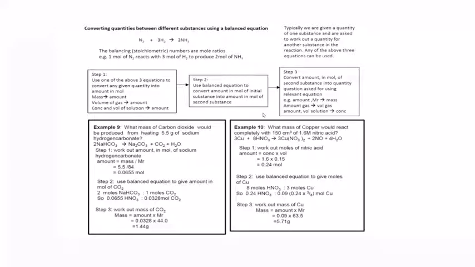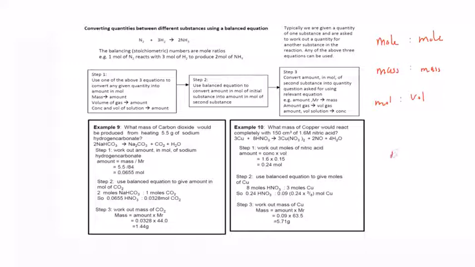Then converting the quantities between different substances using a balanced equation. For an equation we can take a moles to moles ratio, we can take a mass ratio, or we can take a moles to volume ratio: moles of a gas and volume of a gas.